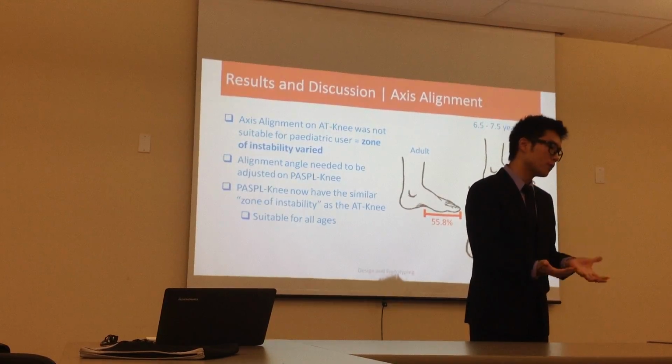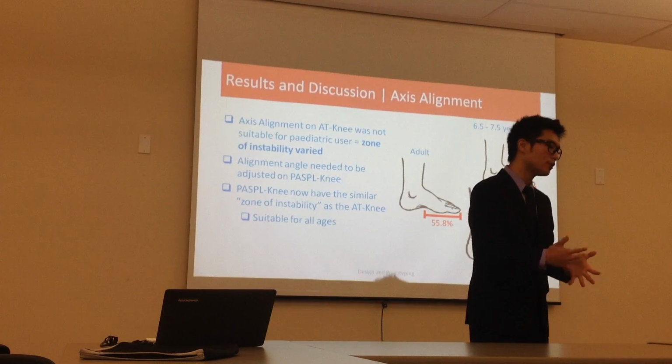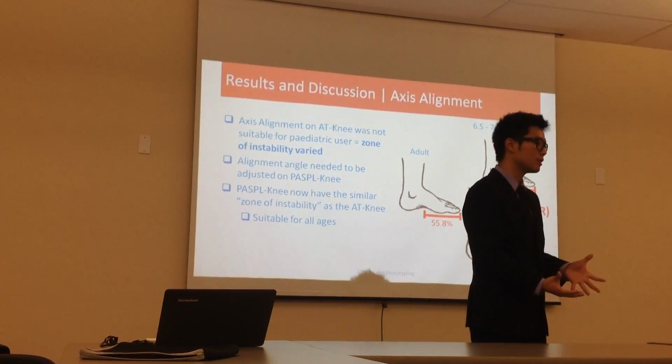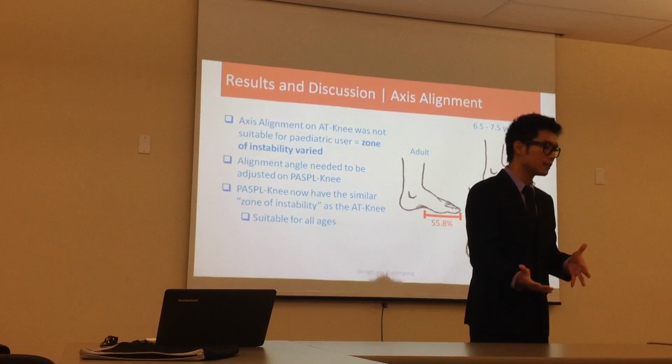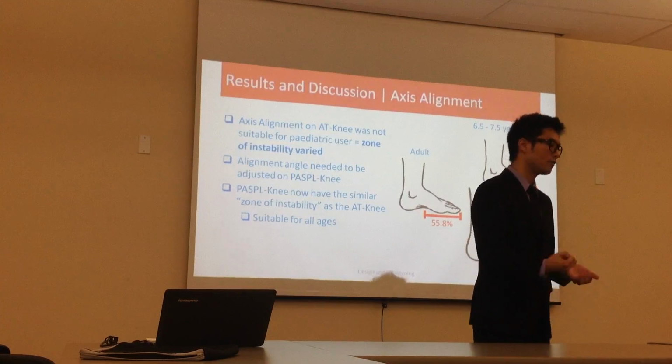We will know more with a 3 week acclimatization period to allow the user to adapt to the knee, so we can truly see how efficient the gait is. But looking at just the initial data, there's a potential for the pediatric knee to provide an efficient gait.